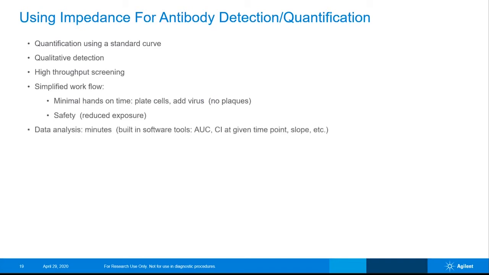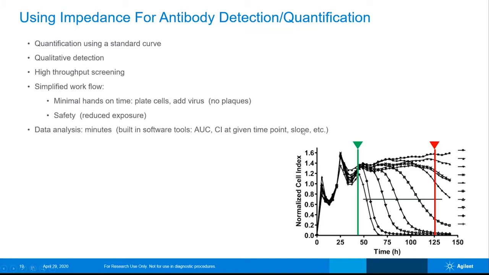In terms of data analysis, it's literally minutes. There are a number of built-in software tools that allow you to analyze things like area under the curve, the cell index value at a given time point, slope, etc. Many of these tools have very nice drag and drop features.